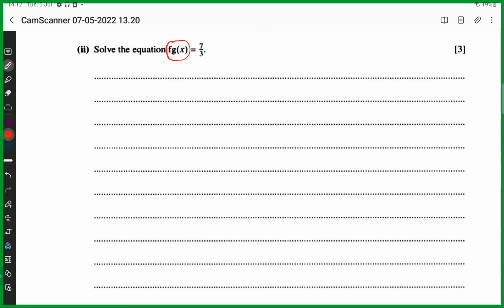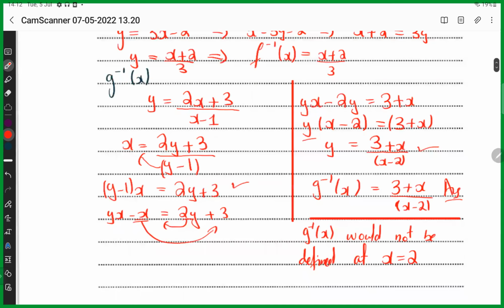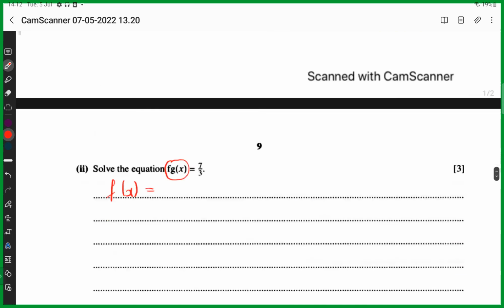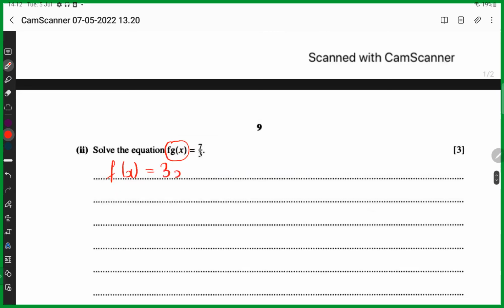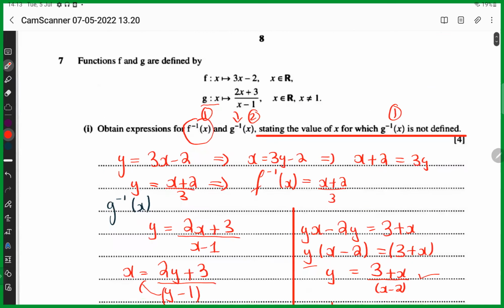I'll be writing down f of x and g of x again. f of x was basically 3x minus 2 and g of x was a fraction, (2x plus 3) over (x minus 1).